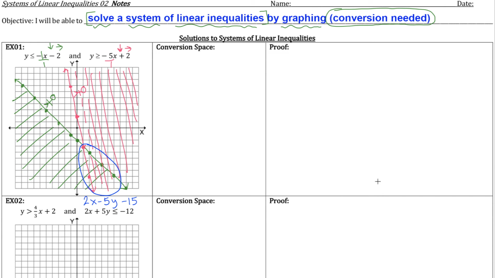Let's go ahead and find some solutions. So this would be like 2, negative 5 falls in there.